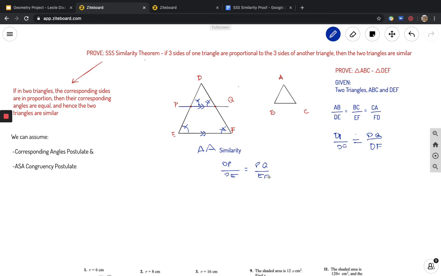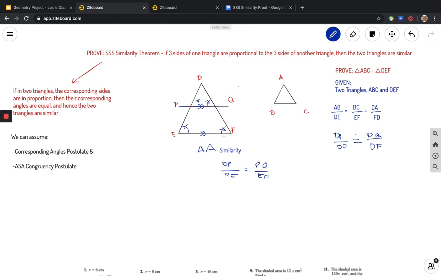And we can bring this out because of the definition of similar triangles. So basically what we're doing is we're putting the corresponding sides. So DP corresponds to DE, and then PQ corresponds to EF.